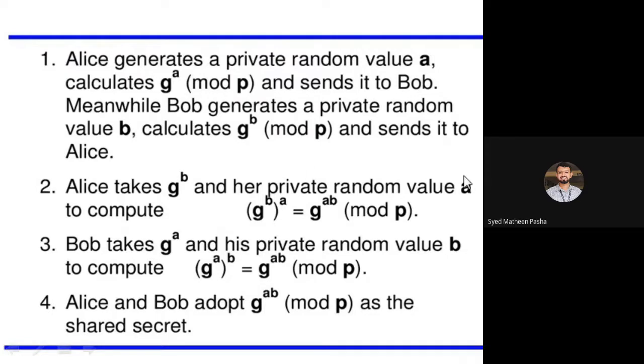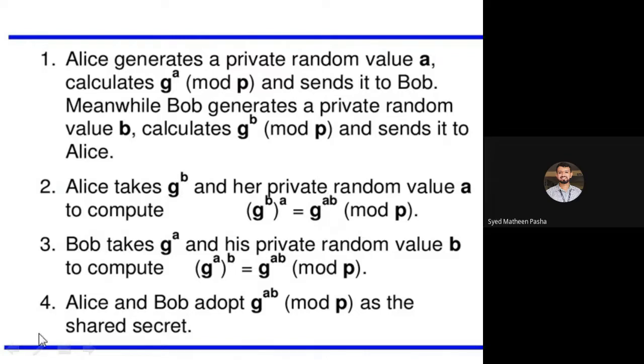Now you know the value of a with respect to Alice, and b with respect to Bob. So you will calculate this part, where you know G as well as P. With respect to Alice, Alice should do this. With respect to a, Bob should calculate the similar part. You can see both parts are one and the same now.